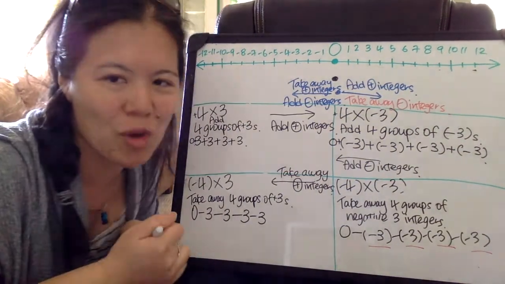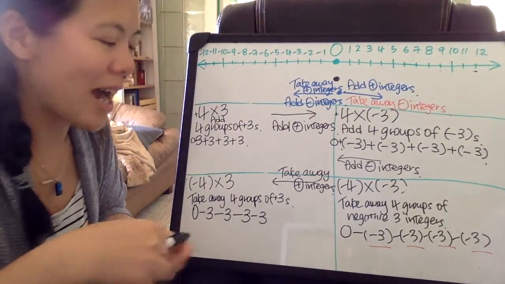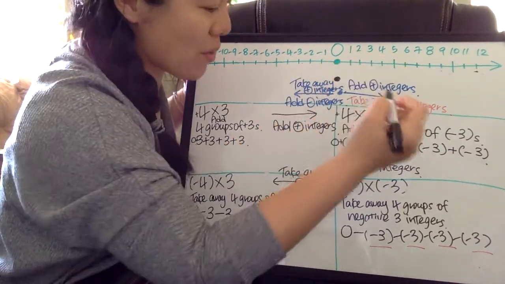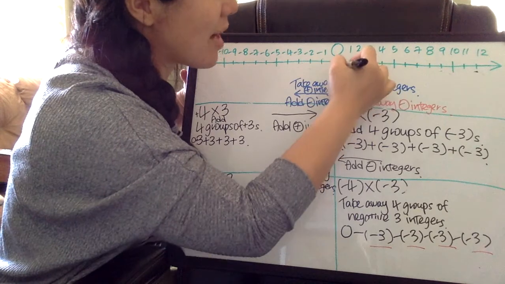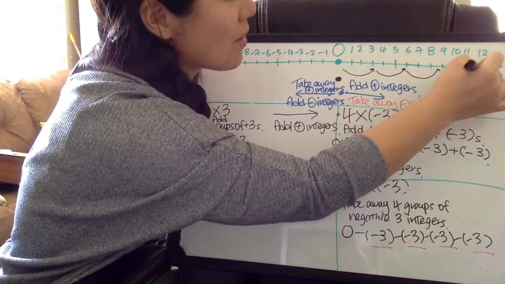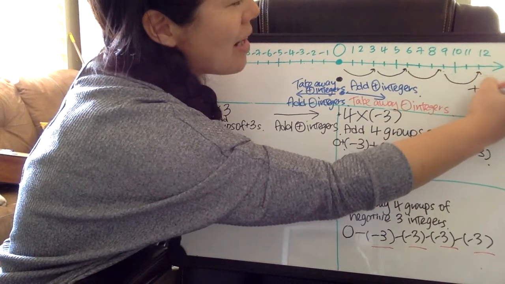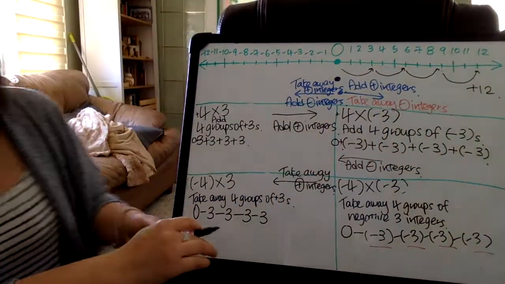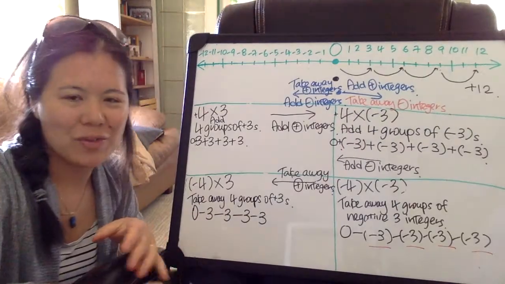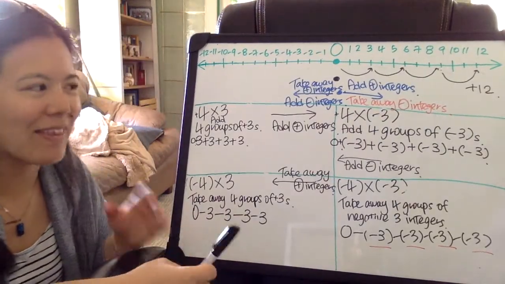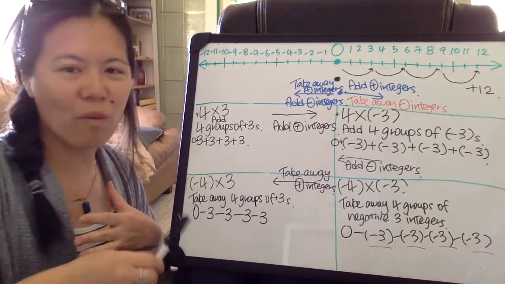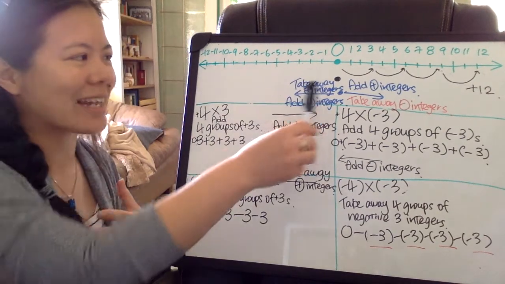Voila. So now I take away negative 3 integers 4 times. So that means I have to go 1, 2, 3, 4, and I land at positive 12. So I think for integers, when you're doing number lines and all that stuff, I like to connect all of it so I can see the connections.